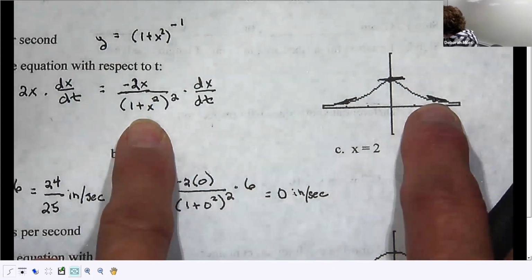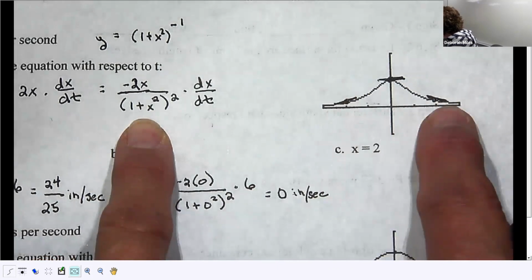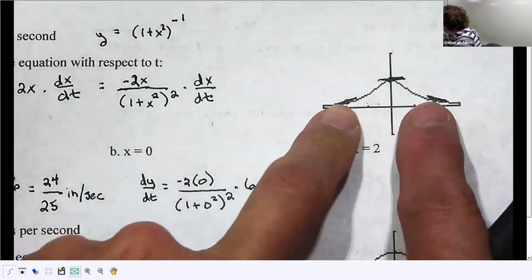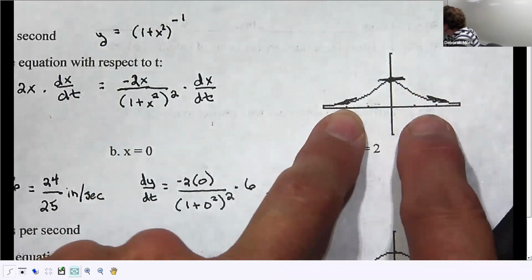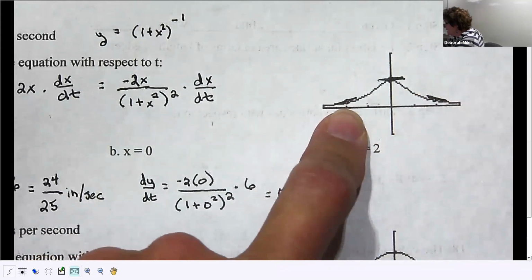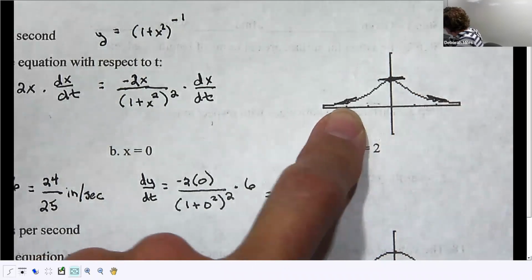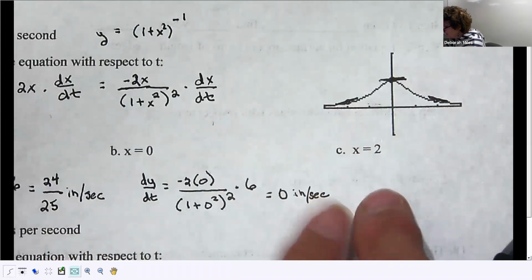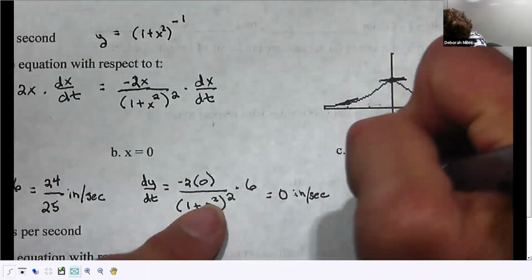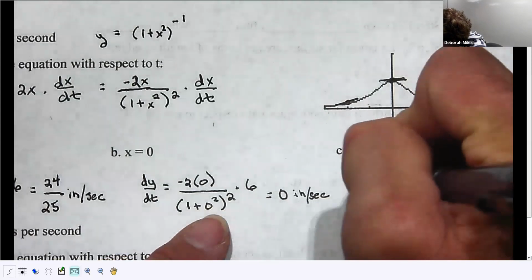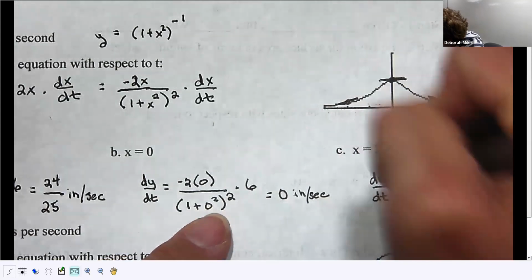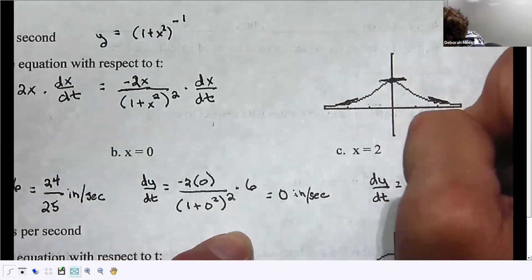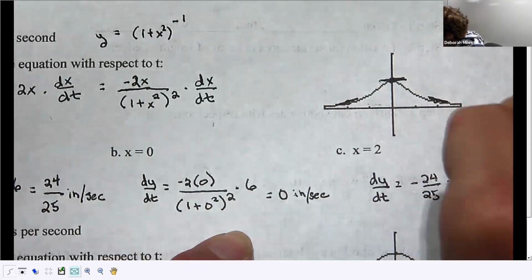Yeah, this graph is symmetric with respect to the y-axis. So its speed is the same at -2 and +2, but its velocity is different because on one side it's going uphill, on the other side it's going downhill. So you can plug numbers into the formula to verify that, but I know I'm expecting dy over dt to be -24/25 inches per second.